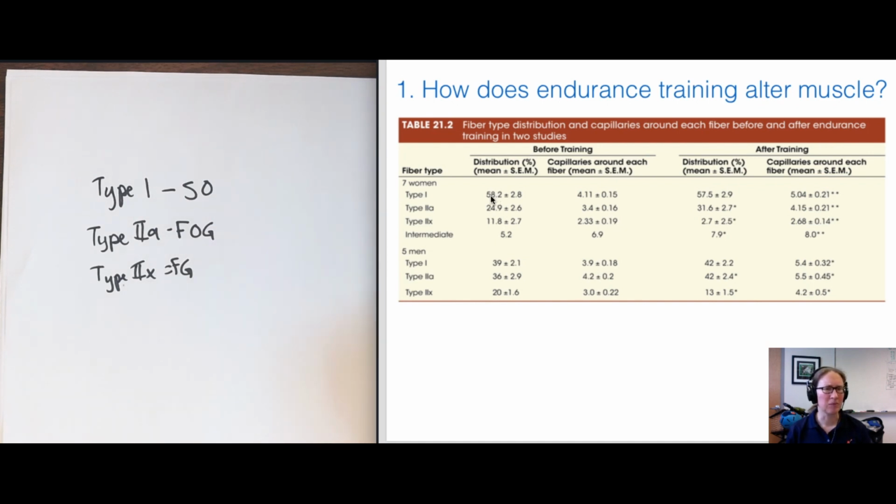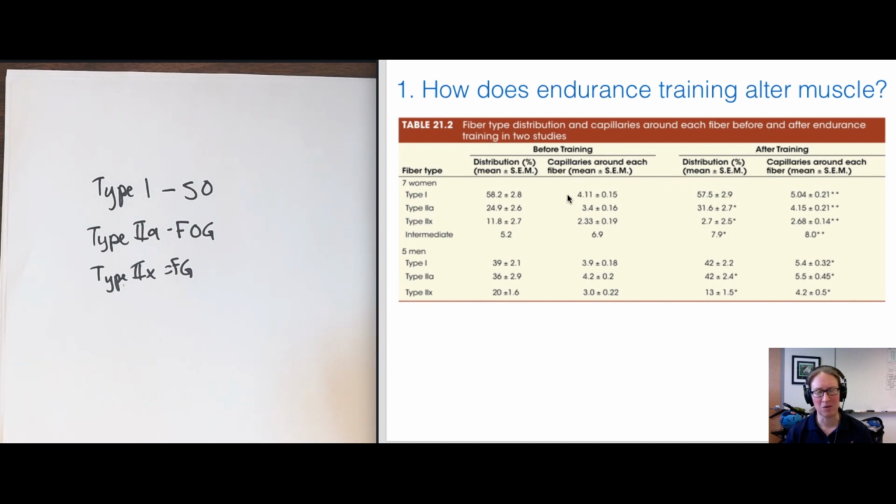And this is actually a little bit high. I'll highlight that in just a moment. And the next most prevalent fiber type are type 2A fibers, and there's a little bit of type 2X fibers present within muscle. In men, there's a slightly more even distribution between type 1 and type 2A, but still type 1 are the most common. Type 2A intermediate, and then type 2X are the least common.